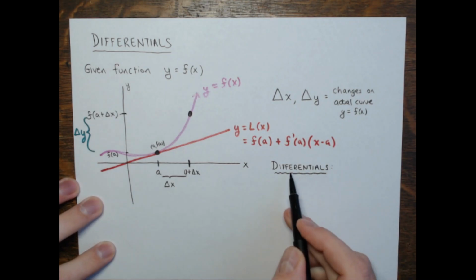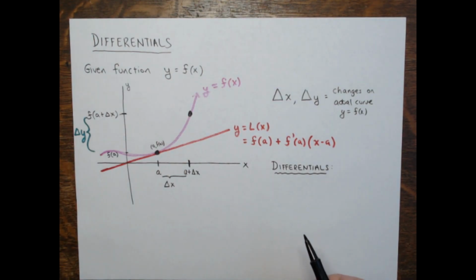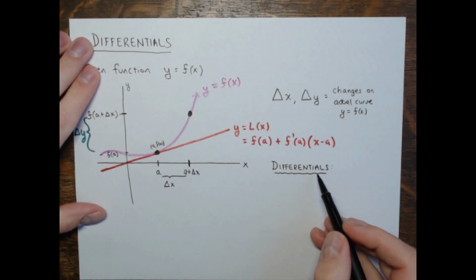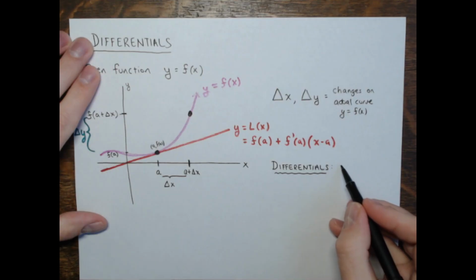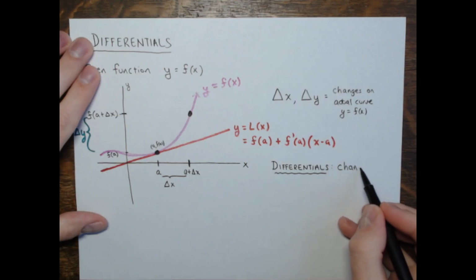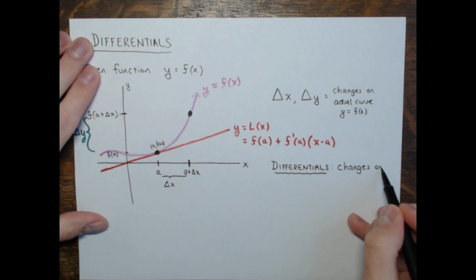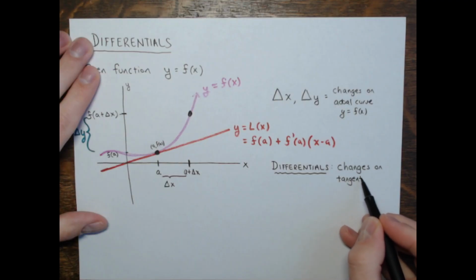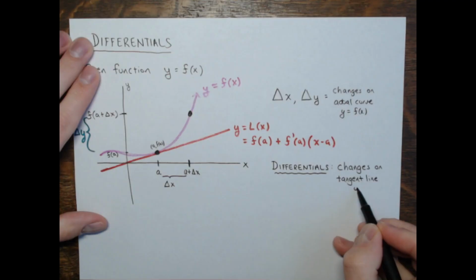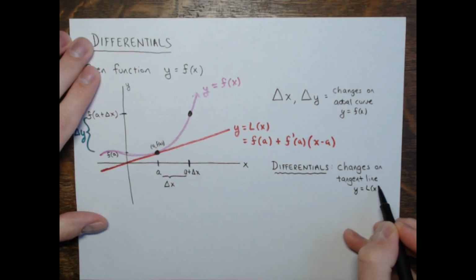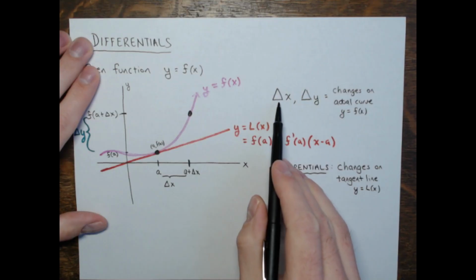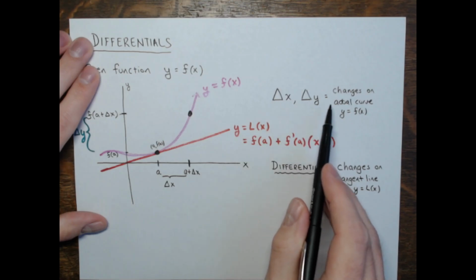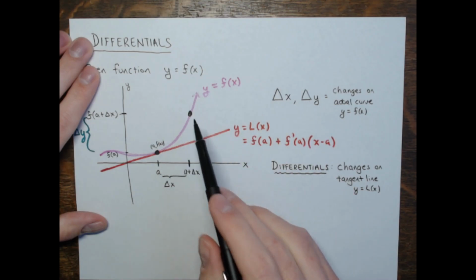This is going to be notation that's going to represent changes on this tangent line function, y equals L of x. So instead of delta x and delta y, how much x changed and y changed on the actual curve?